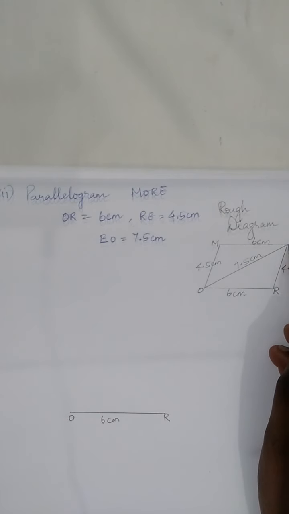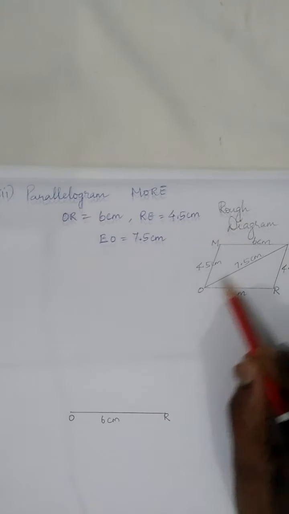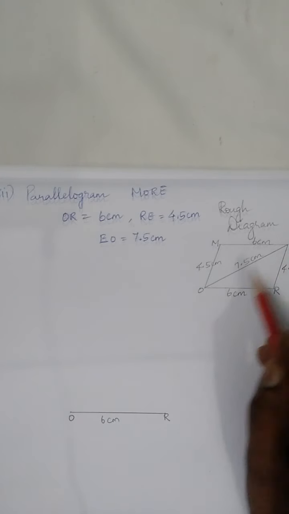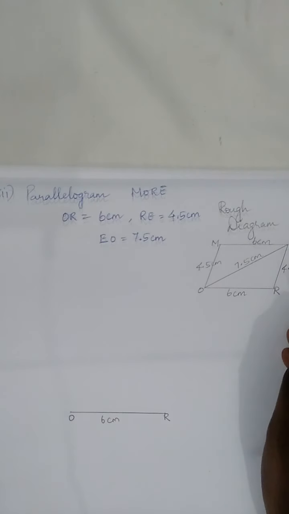To get the vertex E, we need 2 arcs, that is from R 4.5 centimeter, then from O 7.5 centimeter. You are having required length from R 4.5 centimeter one arc, then from O with 7.5 centimeter another arc.